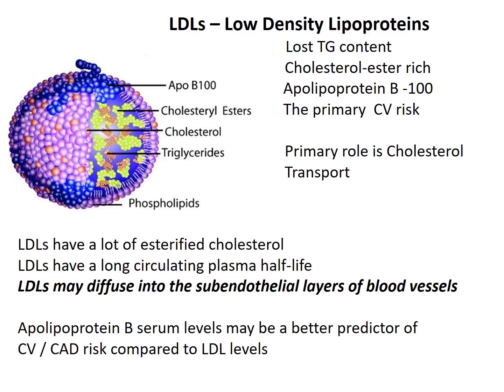Here's a low density lipoprotein, an LDL. It's lost some triglyceride. It's very rich in cholesterol as a cholesterol ester. One of its primary proteins is a protein called B100, and this lipoprotein, LDL, is our primary risk for atherosclerotic disease.